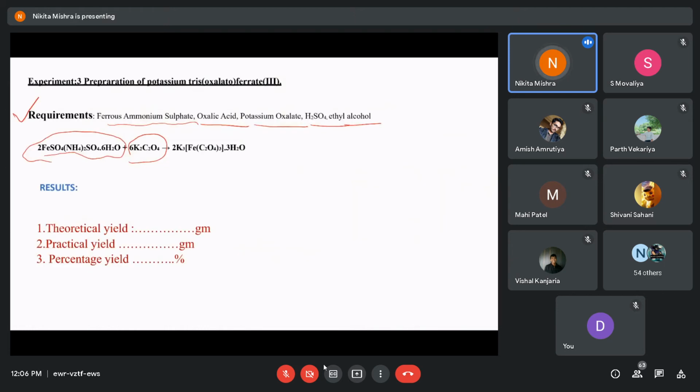So this is the main reaction. The balancing of the reaction is again the same; you have to balance it. Here it is written K3[Fe(C2O4)3], that is potassium tris(oxalato)ferrate(III). The name comes from the redox reaction, which we already learned in standard 12th.